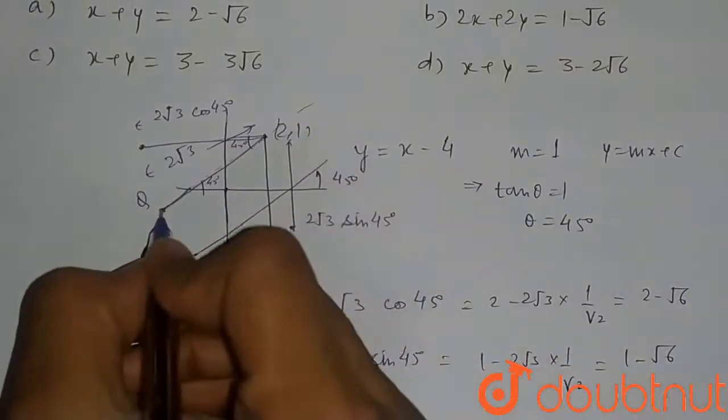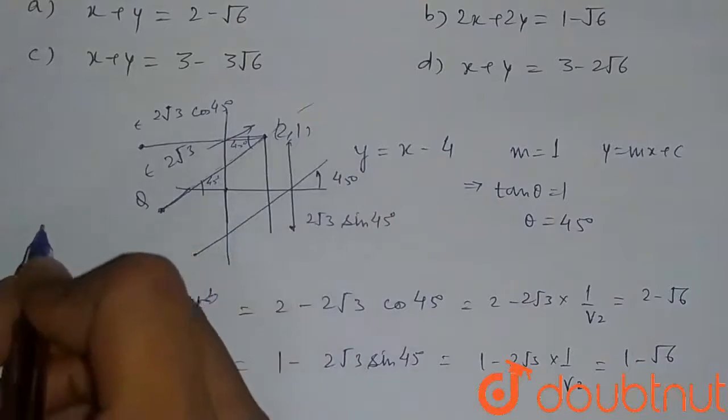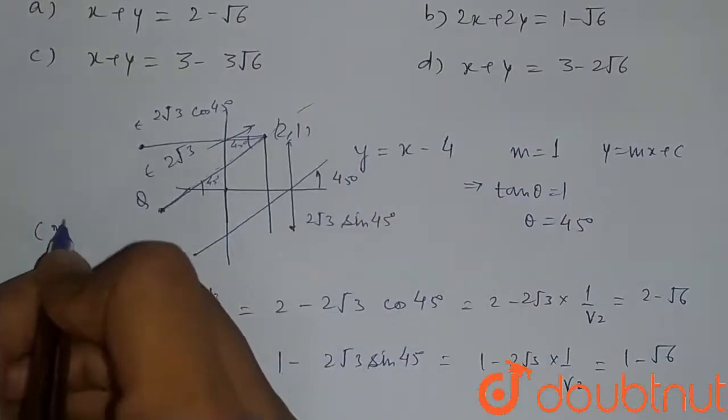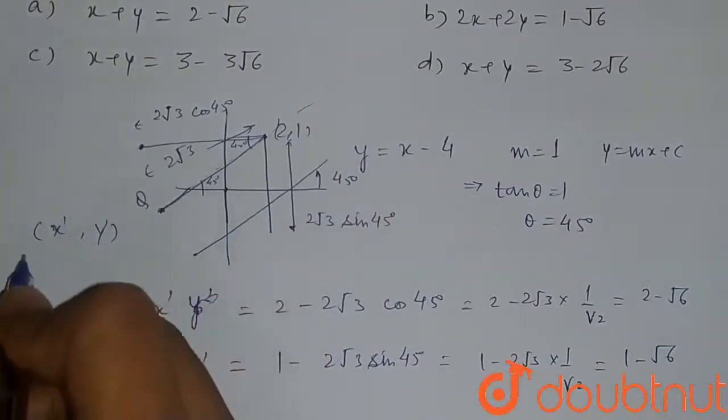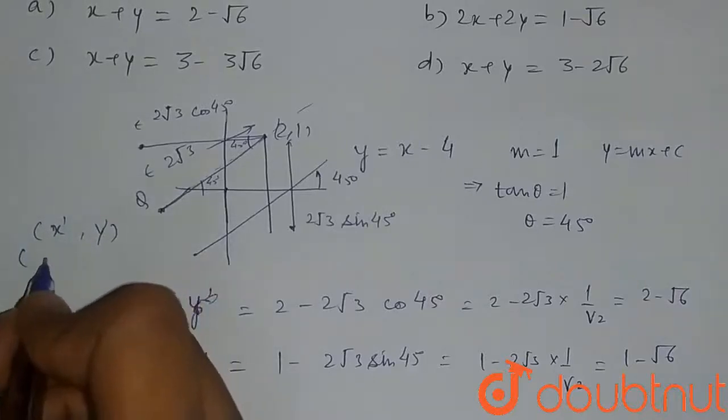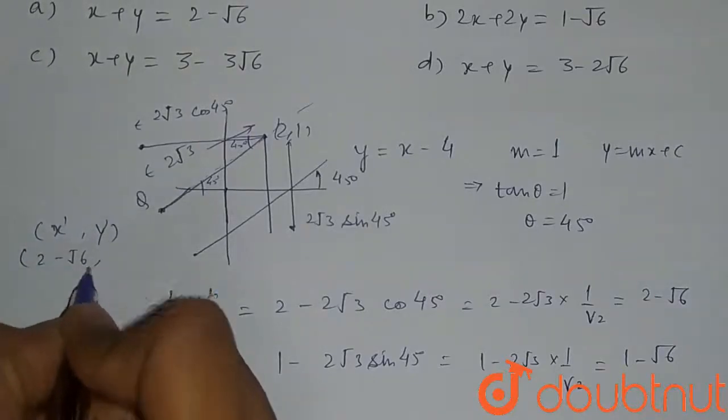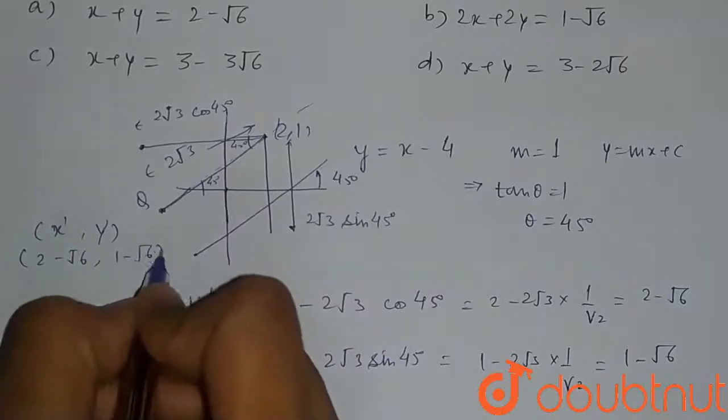So we have the new coordinates of Q as 2 minus root 6 and 1 minus root 6.